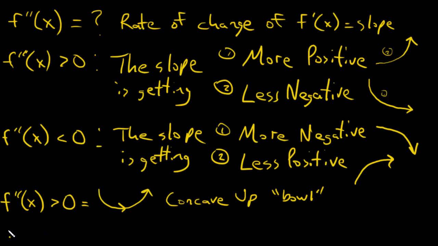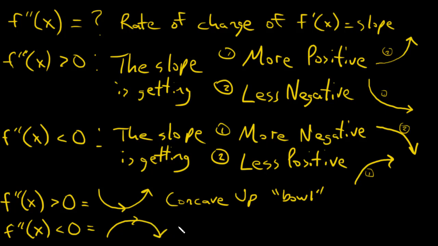Now, if I do f double prime of x less than 0, what does that look like? Well, I'm going to start off with this is number 1 and this is number 2. So I'm going to start off and go less positive right there, and then more negative right there.